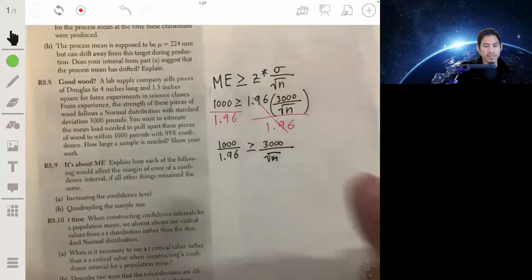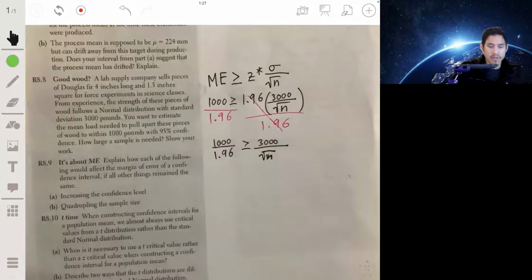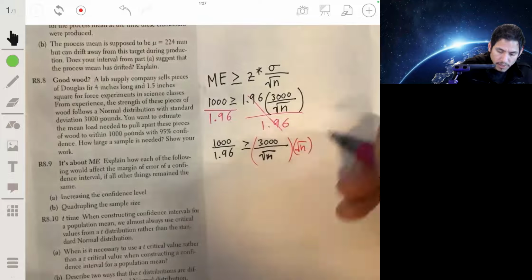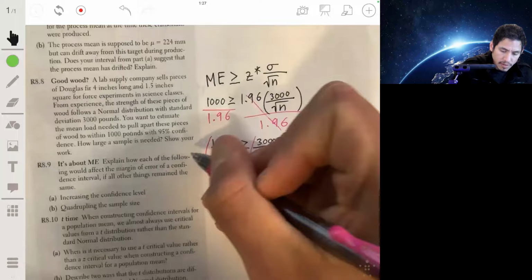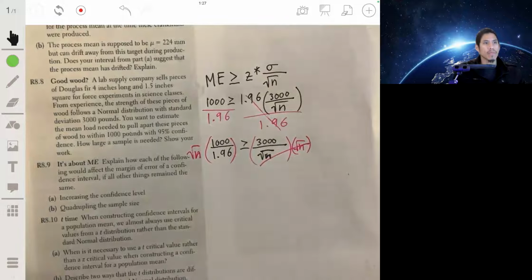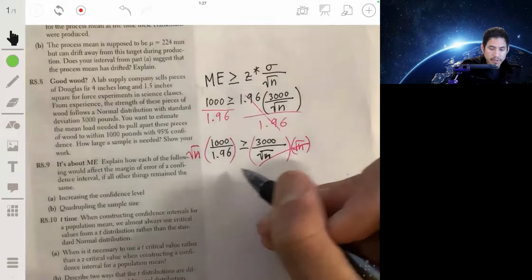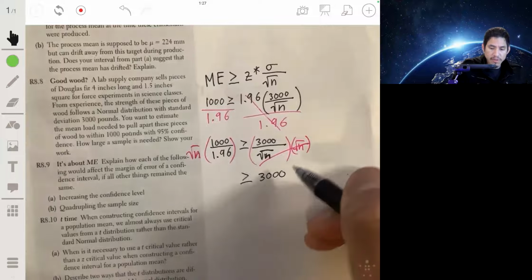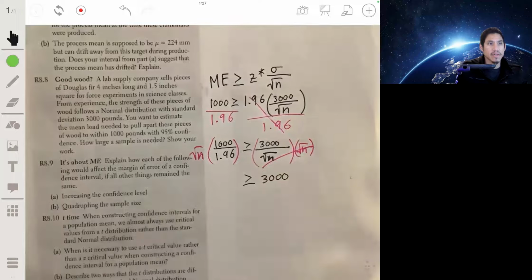So actually, let's do this. You can multiply both sides by the square root of n. That'll cancel that out. You'll have the square root of n like that. And then on the right, you'll have just the 3,000. And then you're going to divide it by this.